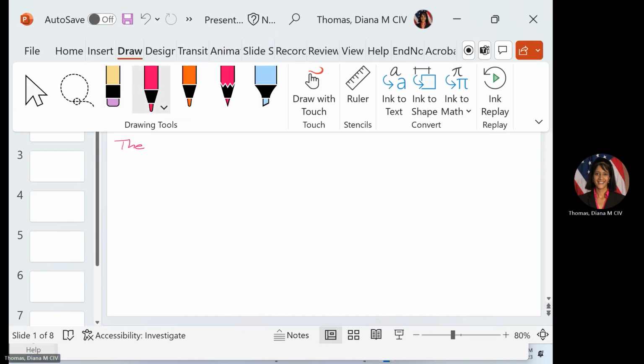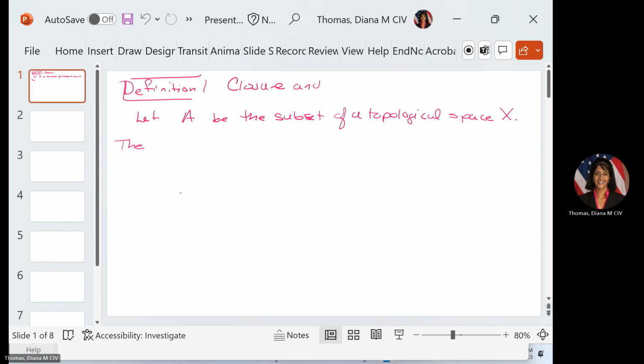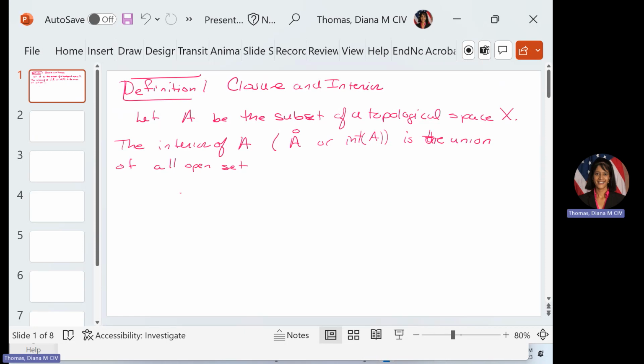It's both. The interior of A, in your book, I think they use this or this, is the union of all open sets contained in A.